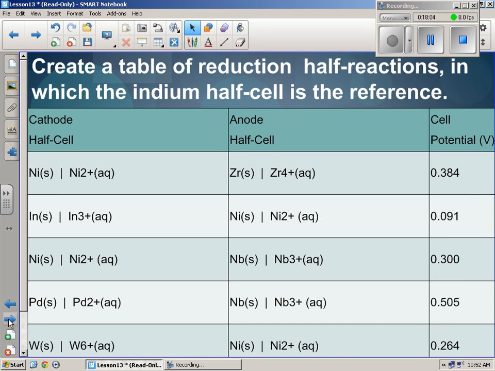Okay. Well, this table here looks kind of similar to a table we would have done earlier. It says create a table of reduction half reactions. When have we made tables of reduction half reactions before? Lesson 2.